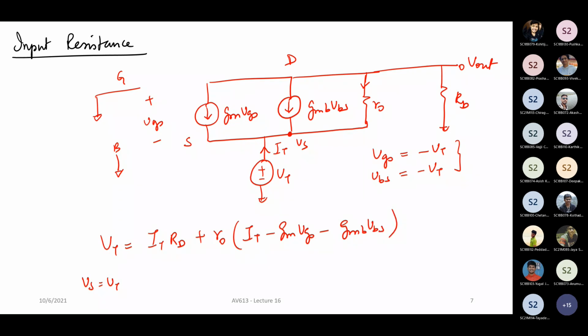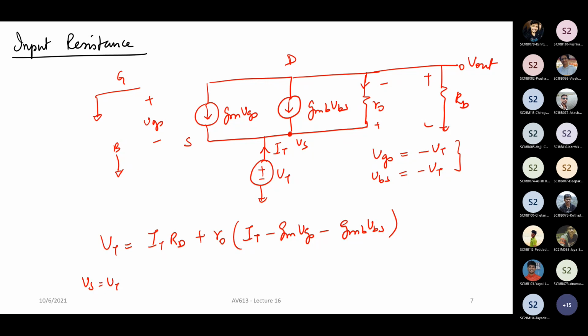Basically, what you are saying is that Vt can be written as this voltage plus this voltage, and the voltage across R naught is nothing but the current which is flowing, which is It minus GMVGS and GMBVBS. That current flowing through R naught will give you this thing.